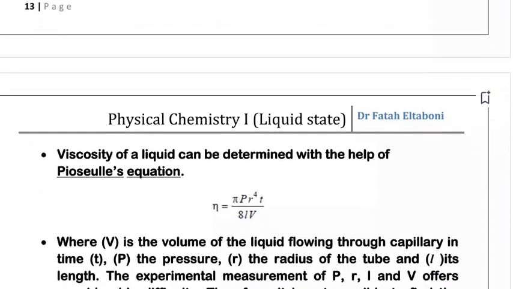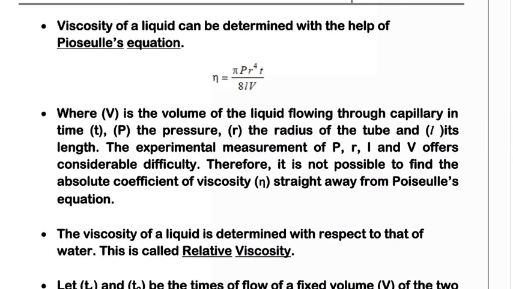The measurement of viscosity by the Ostwald method. How will you measure the viscosity? The viscosity of a liquid can be determined with the help of Poiseuille's equation: eta = pi P r^4 t / 8 l V, where V is the volume of liquid flowing through the capillary in time t, P the pressure, r the radius of the tube and l its length.